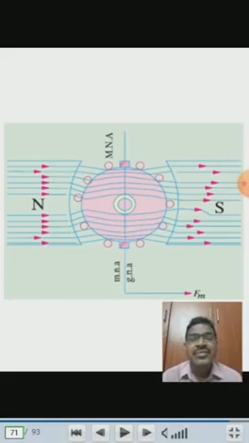The flux lines are passing from north pole to south pole, and the MMF produced due to this flux, MMF is nothing but the number of turns into the current passing through the turns, right? So that is called MMF. Here the MMF produced due to this field magnet is shown as OFM, the vector OFM, which represents direction as well as the magnitude of this magnetic flux, which is perpendicular to the magnetic neutral axis. So this is the thing you have to observe from this diagram.